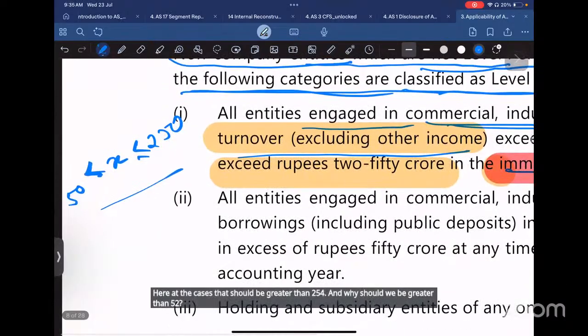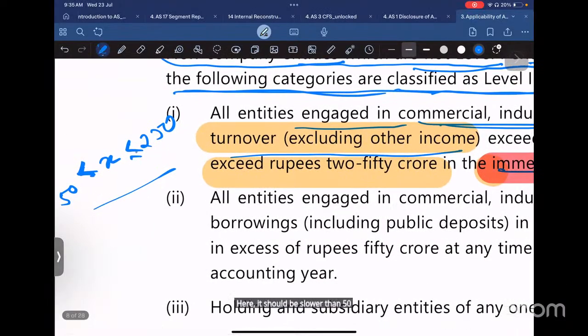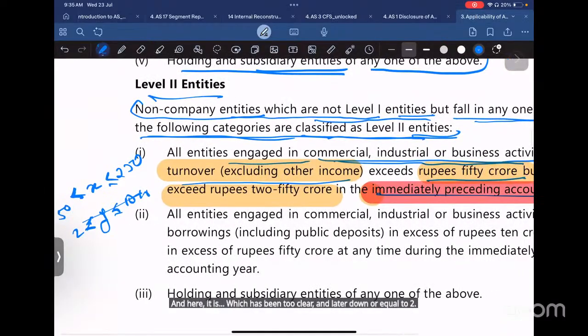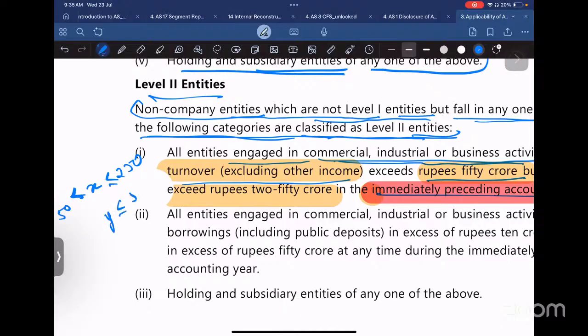Here it should be greater than 50 crore but less than or equal to 250 crore. And here it is less than or equal to 50 crore, greater than 10 crore.